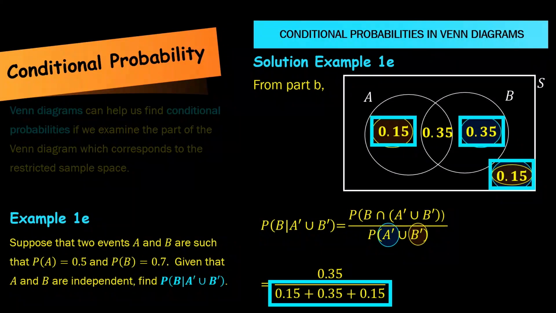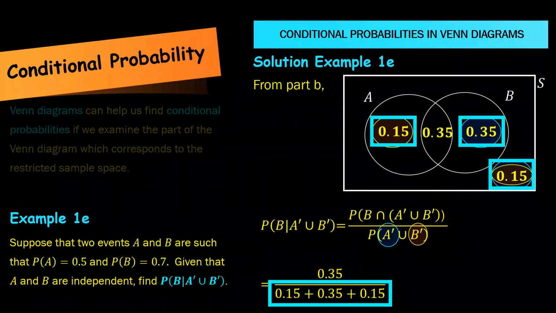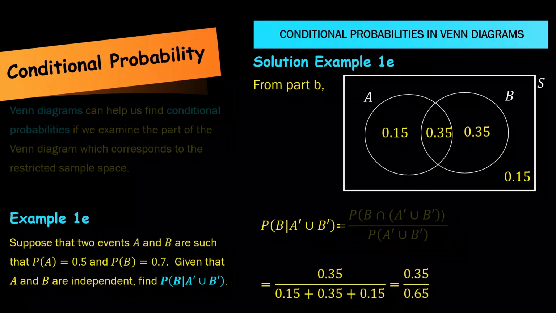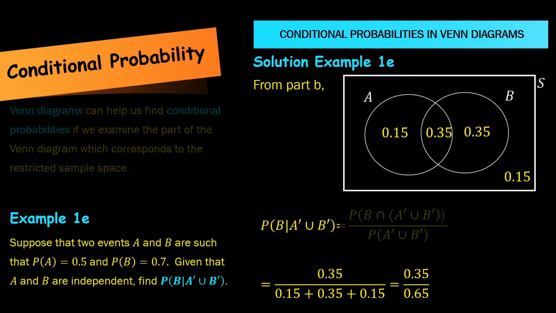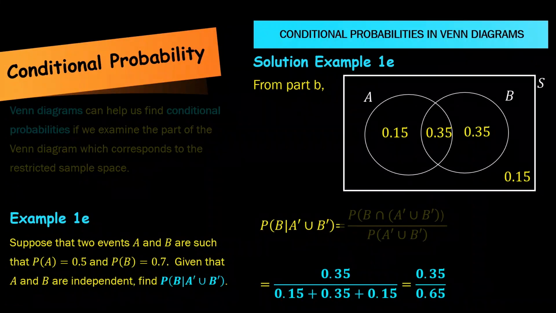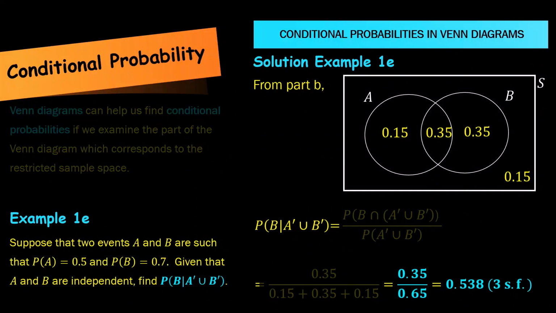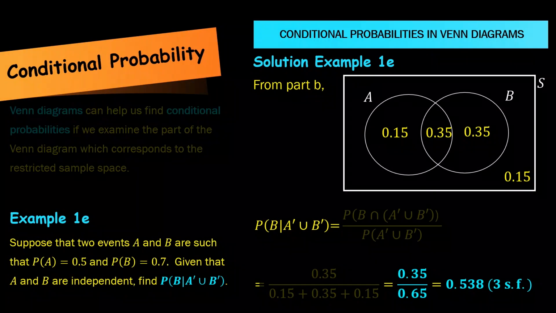And the probability of A dash union B dash is all these three highlighted probabilities added up together. And so calculating this gives us 0.35 divided by 0.65, which equals 0.538 to three significant figures.